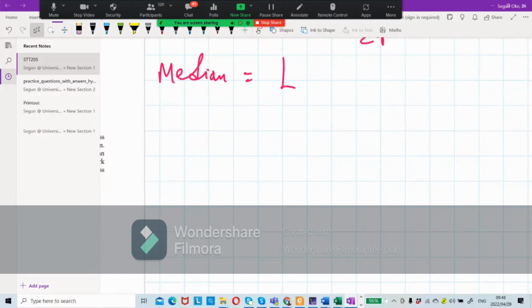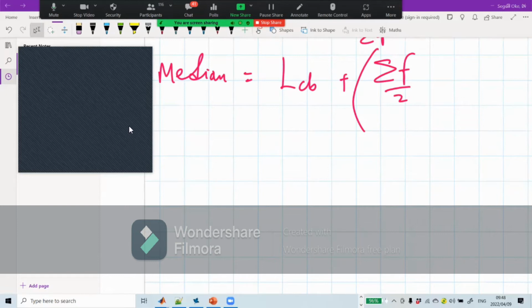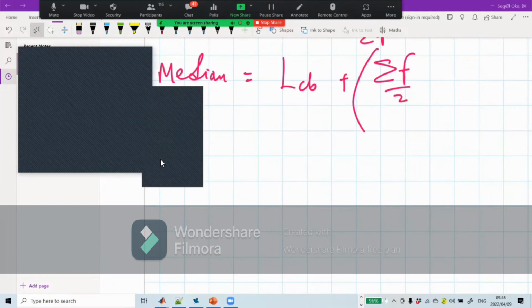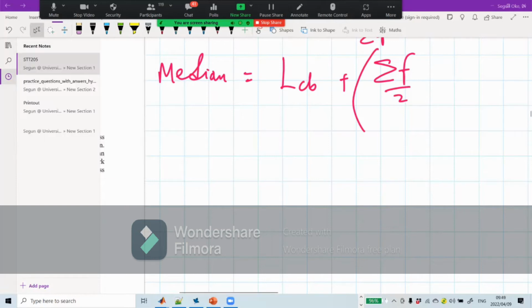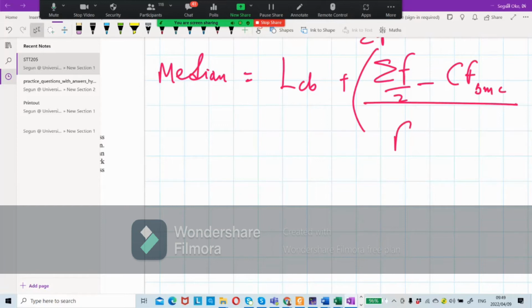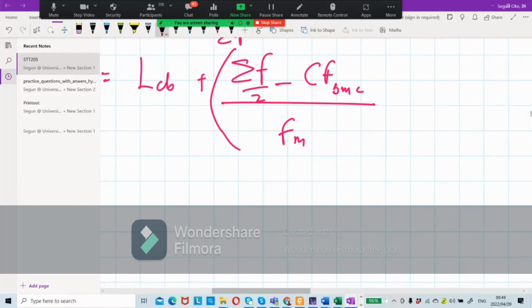It's the same thing as lower class boundary plus summation of f over 2 minus cumulative frequency of class mark divided by frequency of the median class. Everything multiplied by class width.